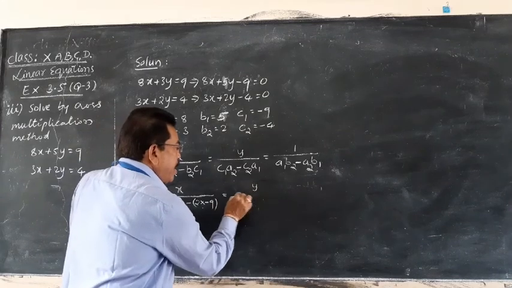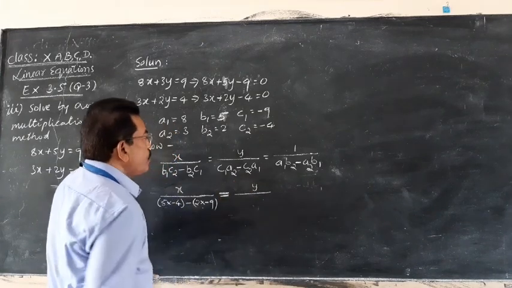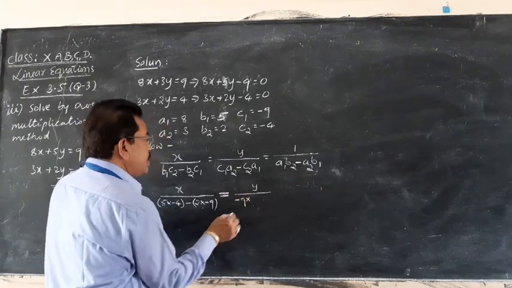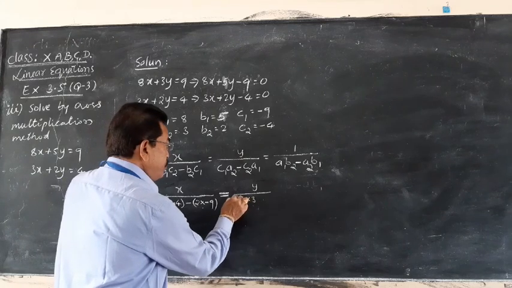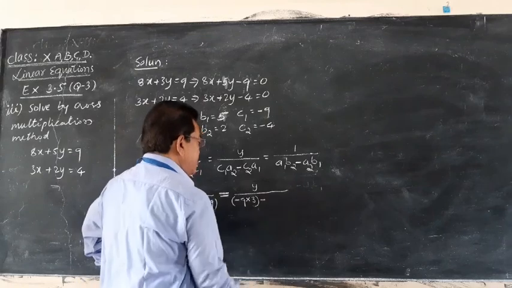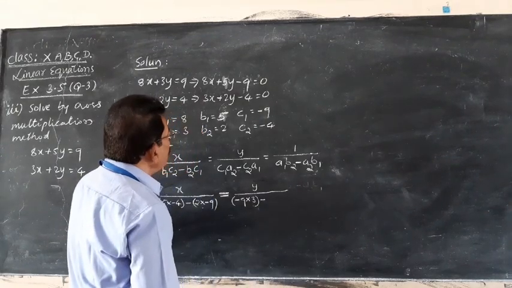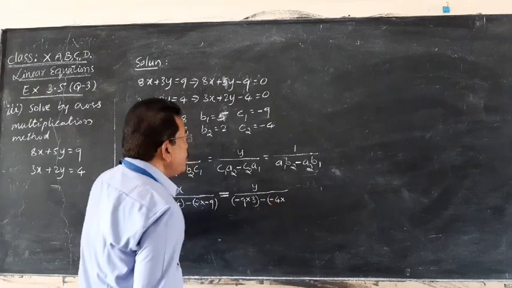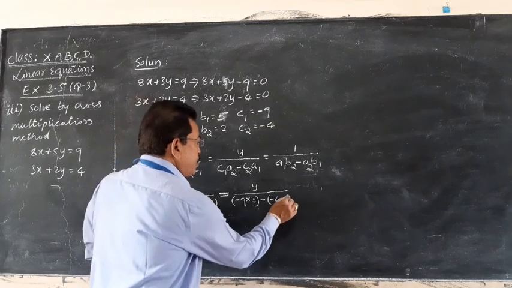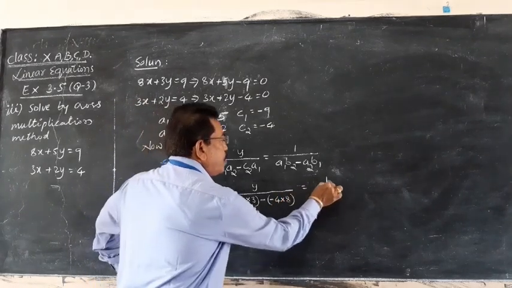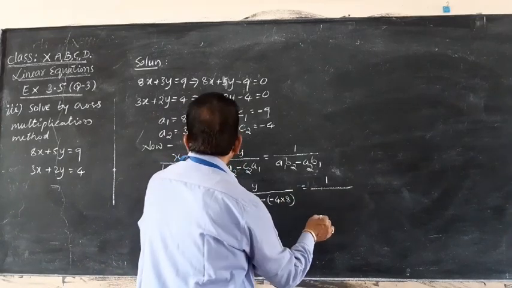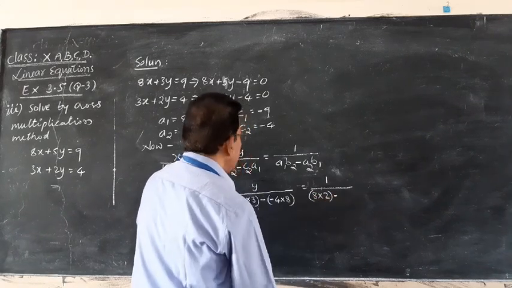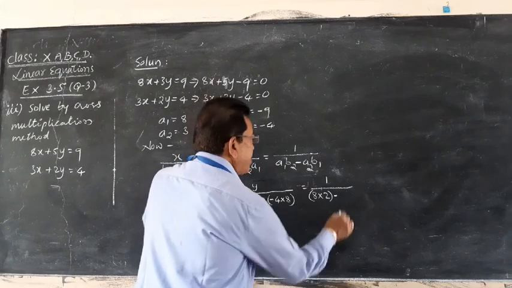Okay, y divided by c1 minus 9 into a2 is 3 minus c2 minus 4 into a1, that is 8, equals to 1 divided by a1 b2, 8 into 2, minus a2 b1, 3 into 5.